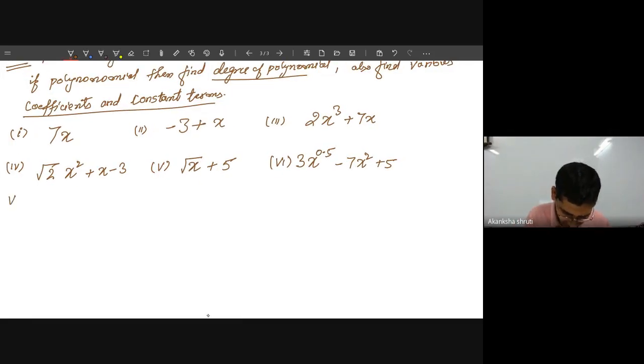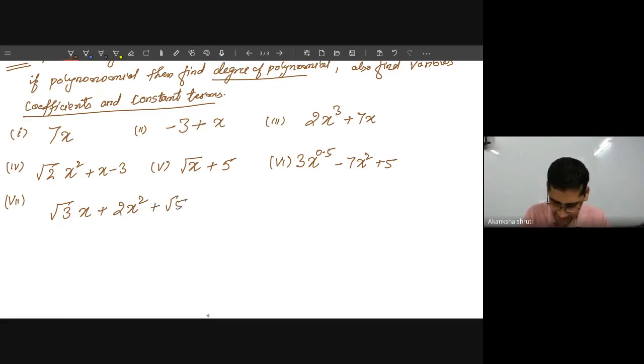Student, write these questions. This thing we have to do. Some of these I will solve here and some of them will be given as homework. Students, the next one is under root of 3x plus 2x square plus under root of 5.